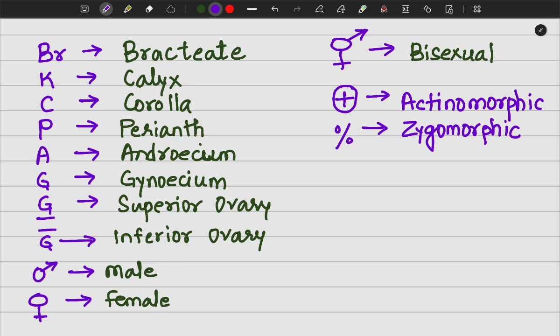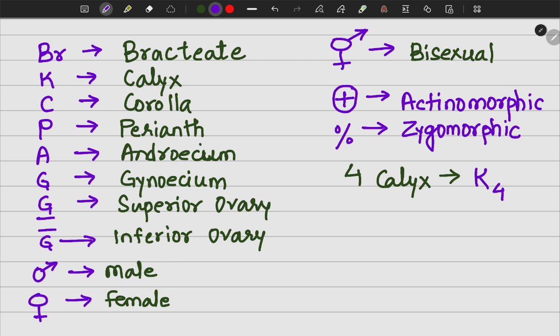Now suppose some of the parts are fused, then that fusion is represented by the number of that part enclosed inside a bracket. So for example, if there are 4 calyx, for calyx we use K and we will write the number 4 here.